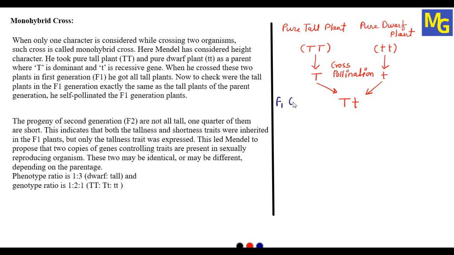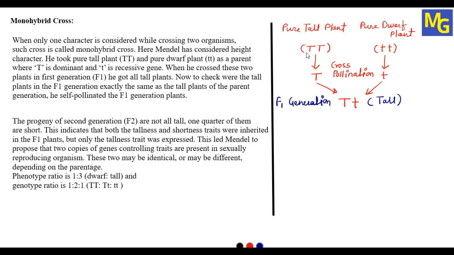So write down here, F1 generation. If you see the genes, capital T is dominant, small t is recessive. So which is expressed? The dominant one is expressed. And therefore, all the plants we are getting in the F1 generation will be tall plants. But this is not pure. It is impure, we can say, or we can say heterozygous.